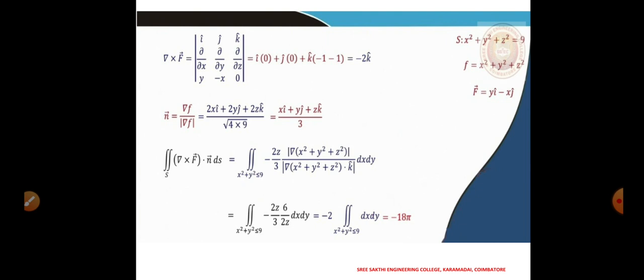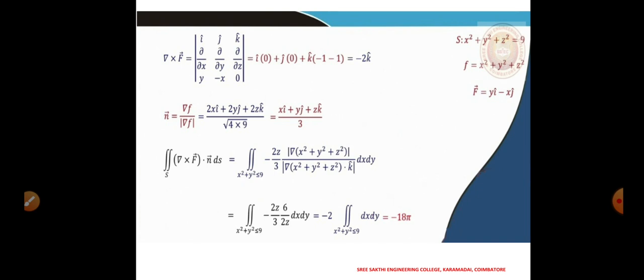So we know this already, curl of F vector, and we know n vector. So we can get this dot product, and there is only the k vector component. So this will be just z by 3 with the minus 2. So it is minus 2z by 3. This is the result of this integrand.